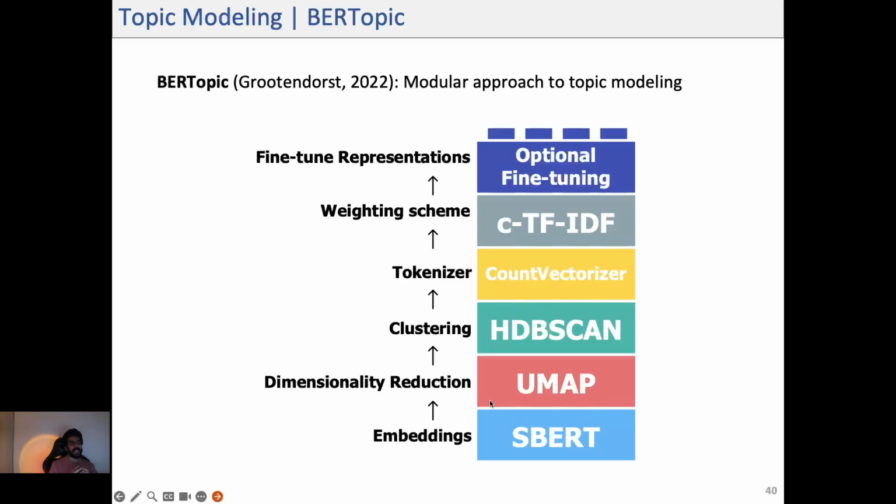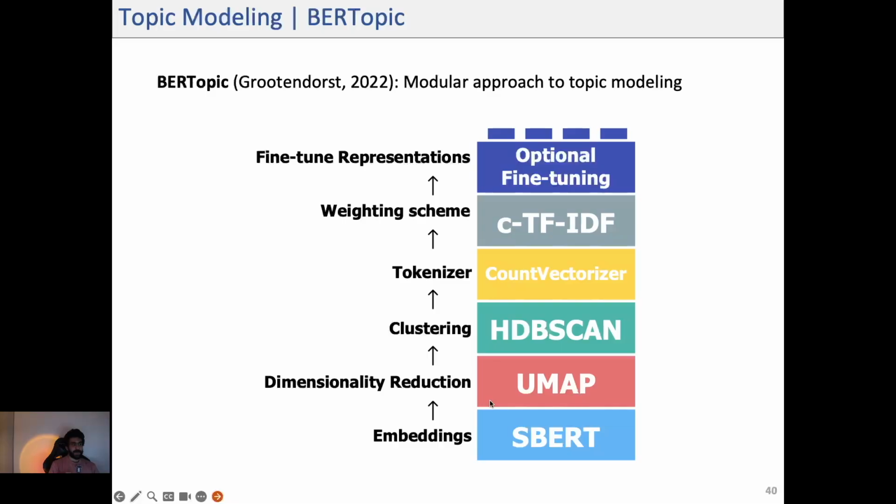But now, since we have grouped the documents into clusters, we need to figure out what each cluster is about. For that, we return to the raw documents and tokenize them using a count vectorizer, which turns each document into a bag of words representation. This is the tricky part.